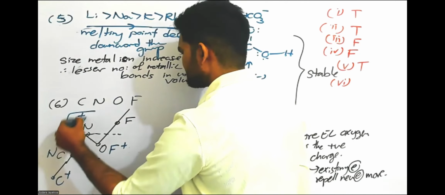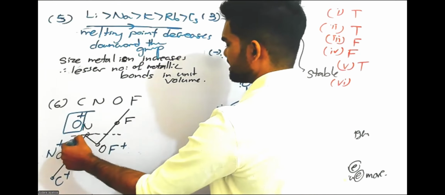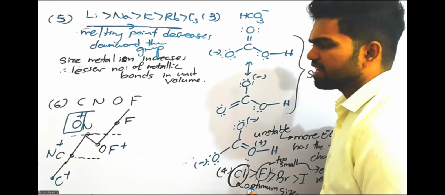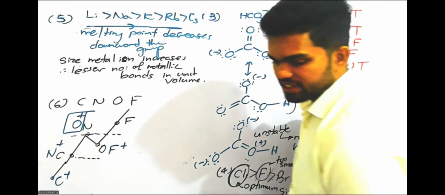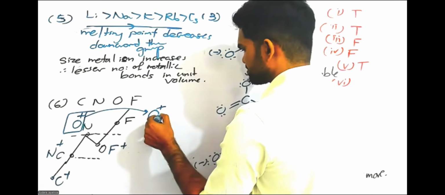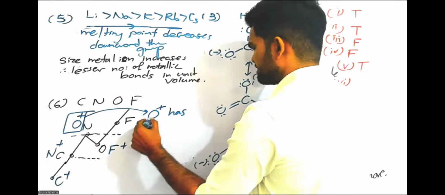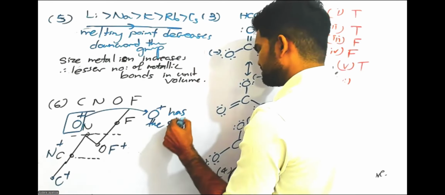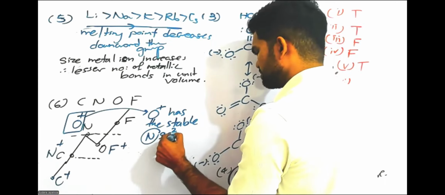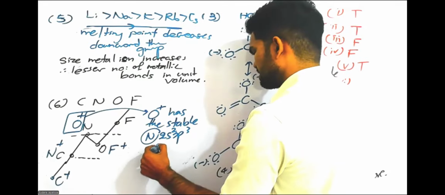So now you can see oxygen is the one with the highest second ionization energy because O plus has the stable nitrogen 2s2 2p3 configuration.